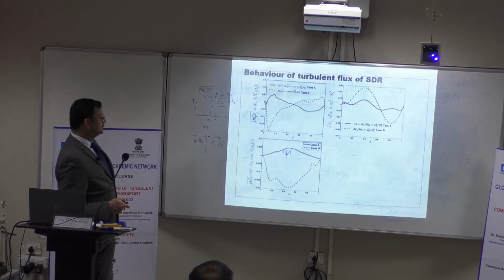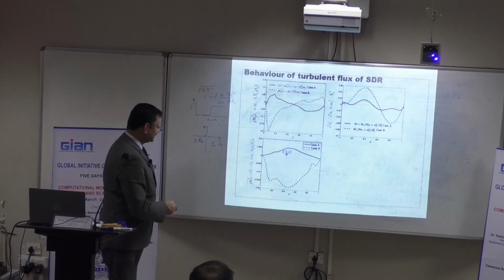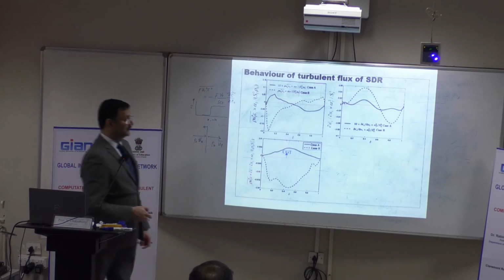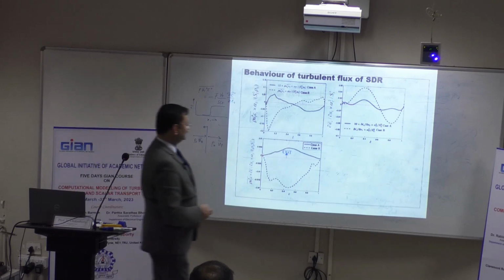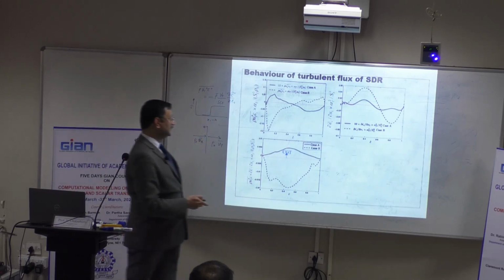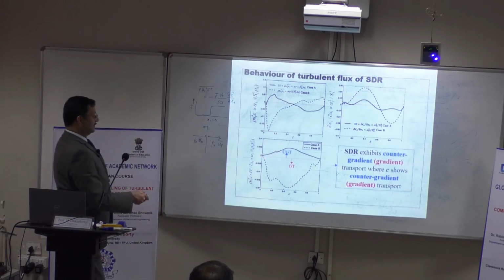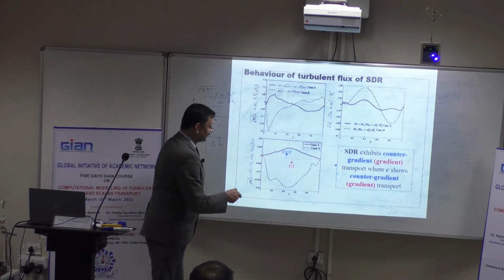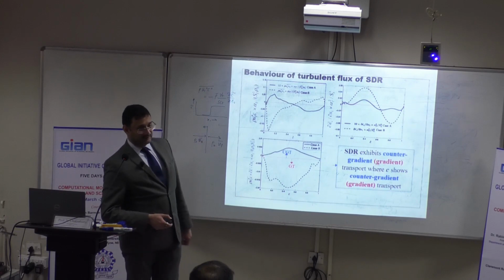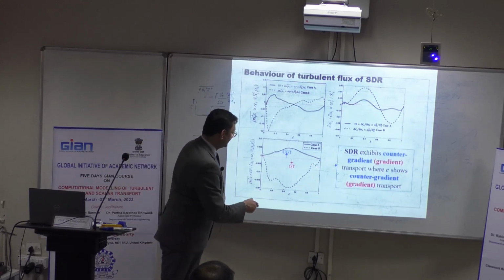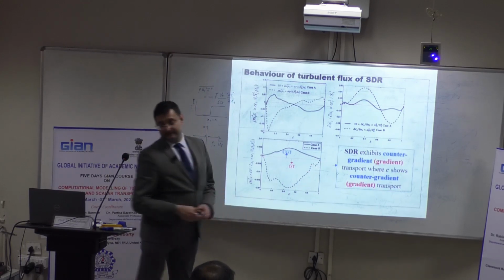So, if I take the product of this scalar flux times del C tilde del x, if it is positive, then it's a counter gradient transport. If it is negative, gradient type of transport. So, you can see for case A in the solid line, we see counter gradient transport, and for case B we see gradient type of transport.